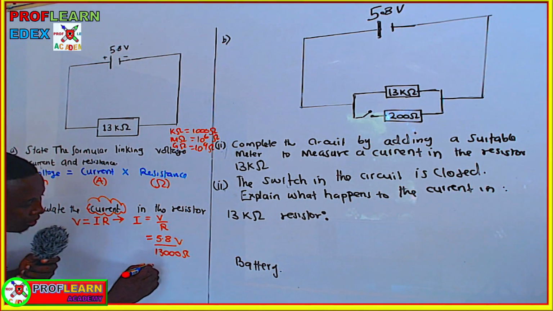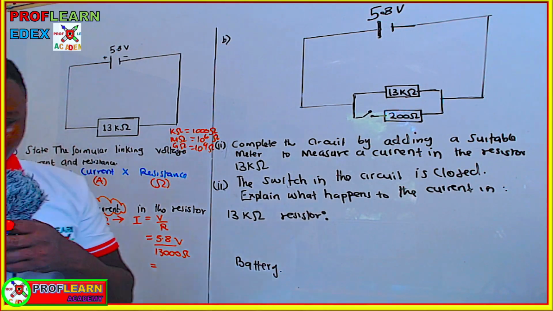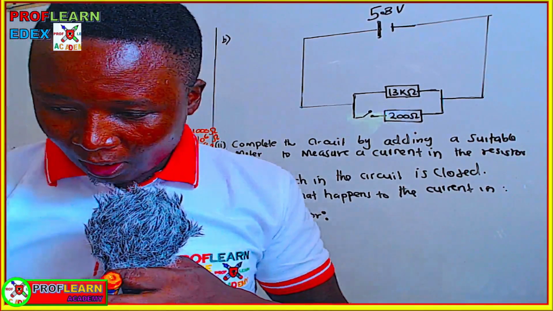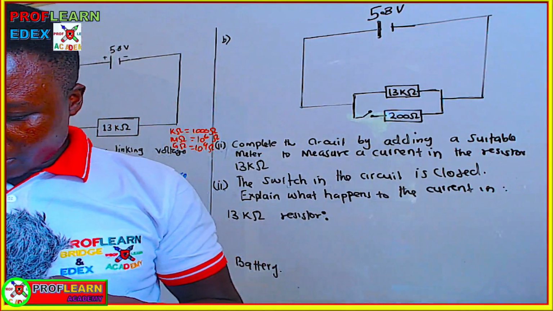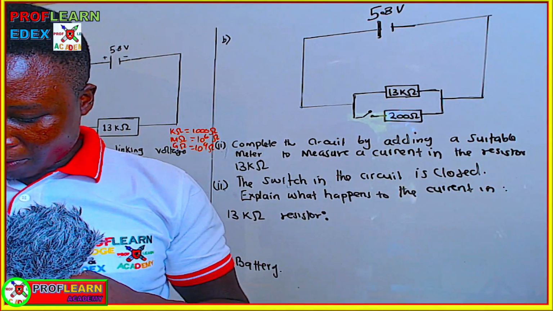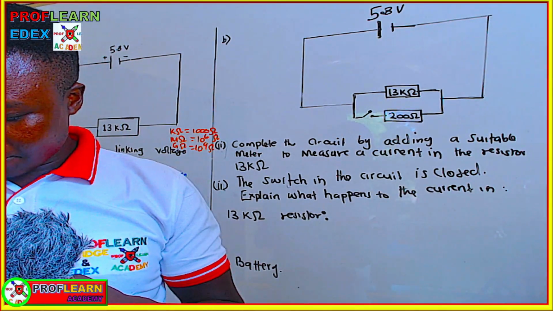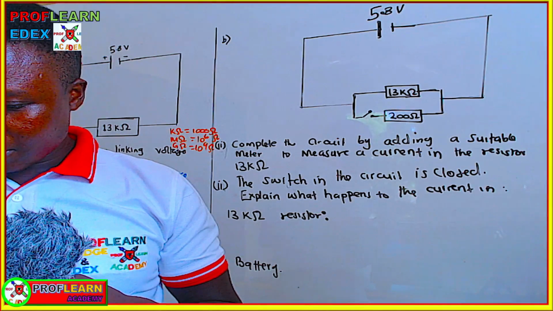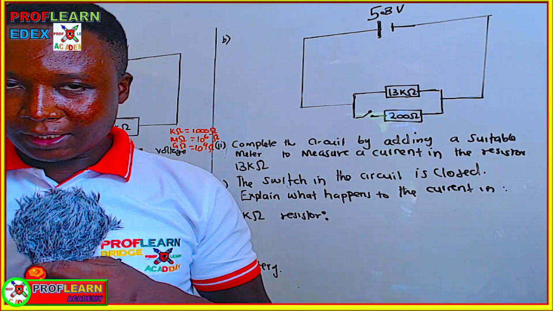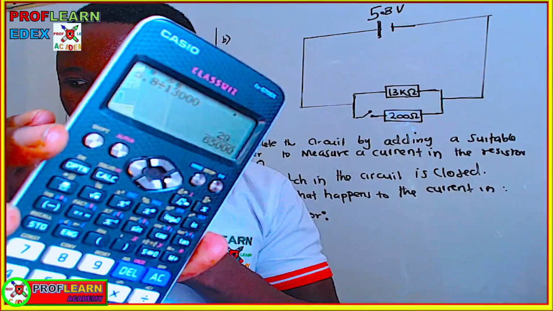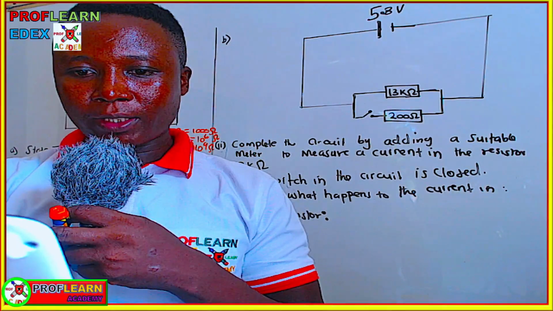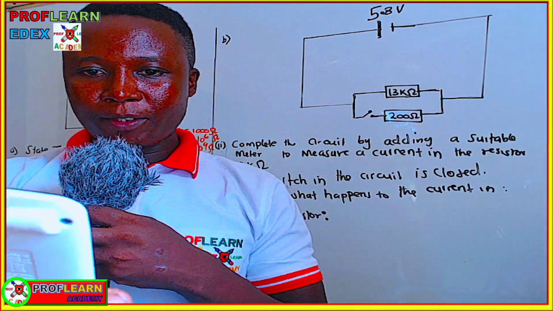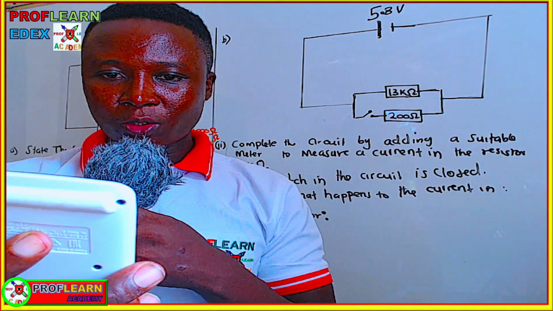If we use our calculator, this is going to be 5.8 divided by 13,000. If I put that in the calculator, I find my answer. We can write it in decimals, which is going to be 0.00.